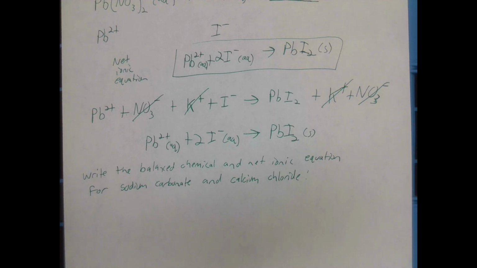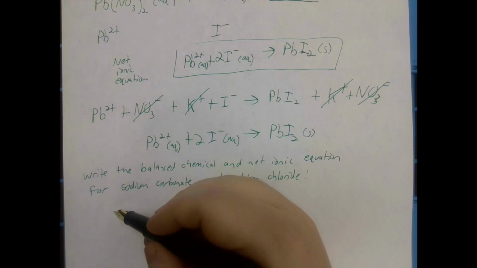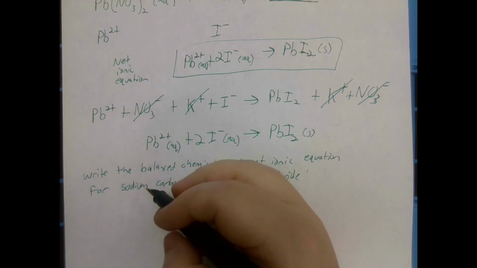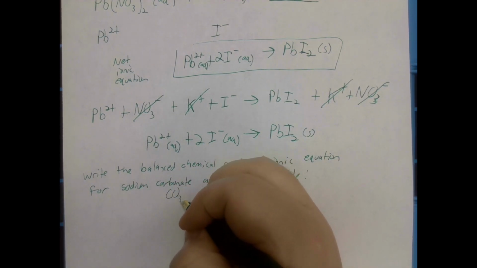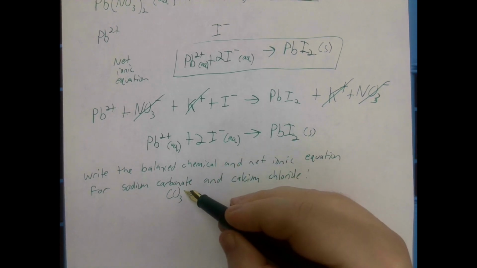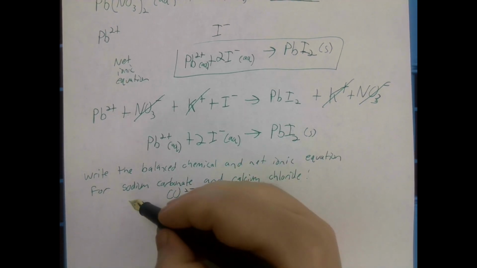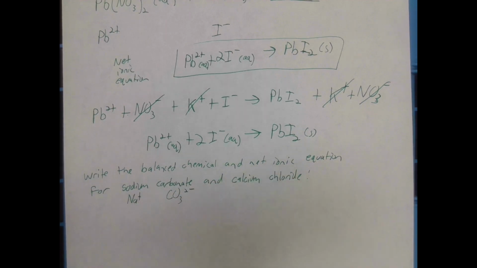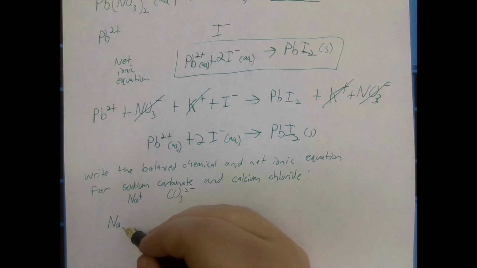So what's the formula for sodium carbonate? Carbonate is CO3. What's its charge? And sodium is Na+. So when we combine these together, how do we combine them? It'd be Na2CO3.